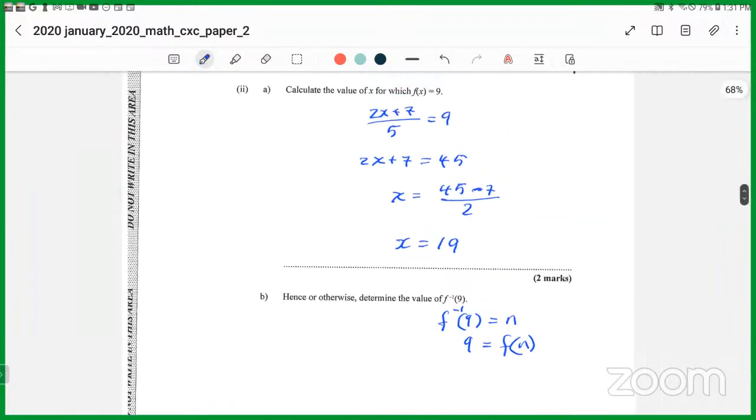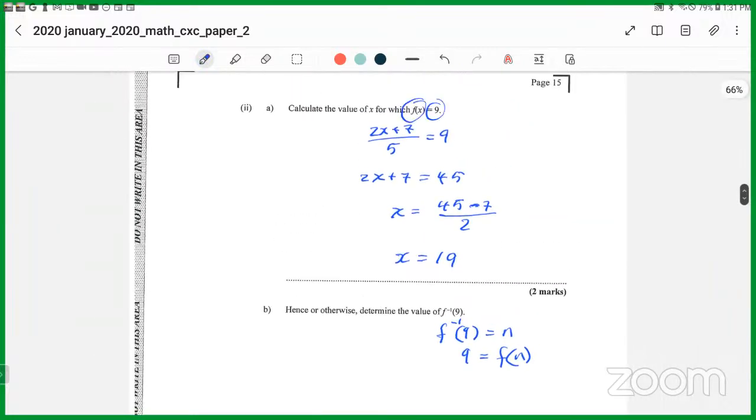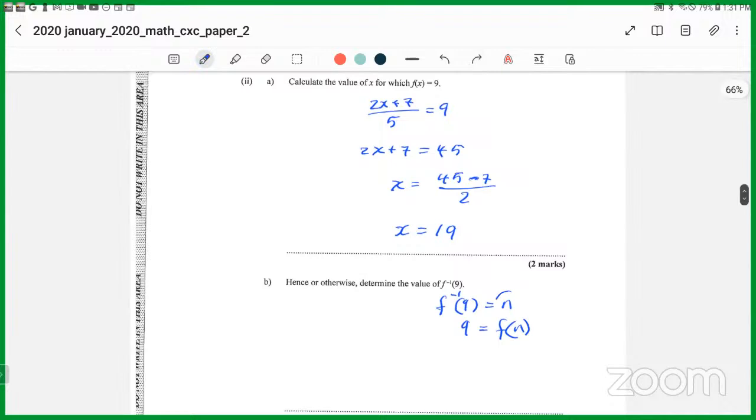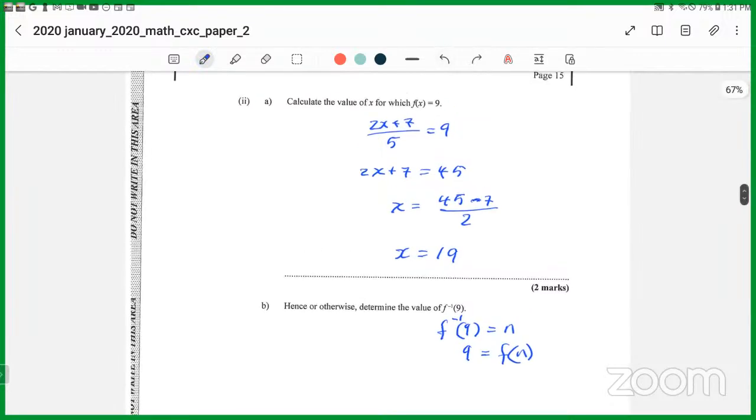So just leave f of something equals 9. Is that something 19? Right? So the number that we're searching for here is 19, based on what we just did up here, because we just did f of x equals 9.